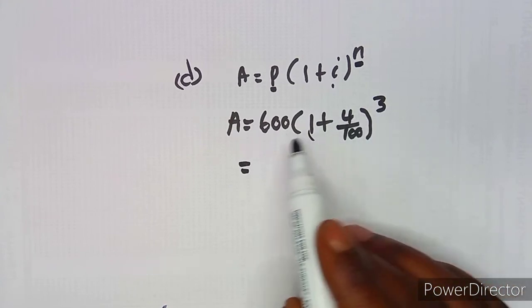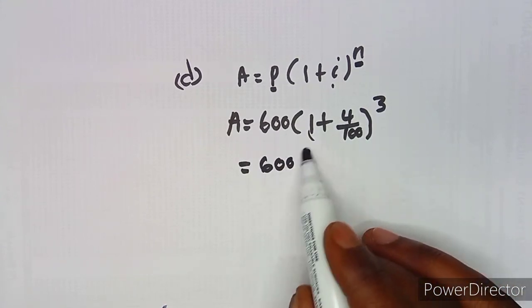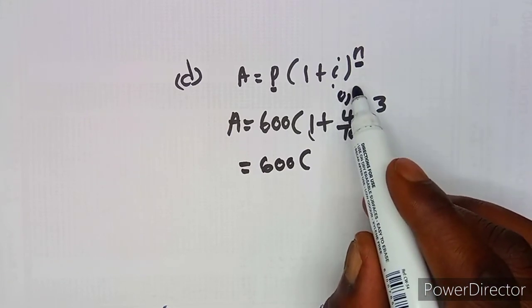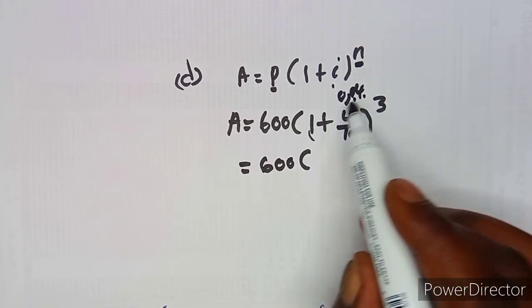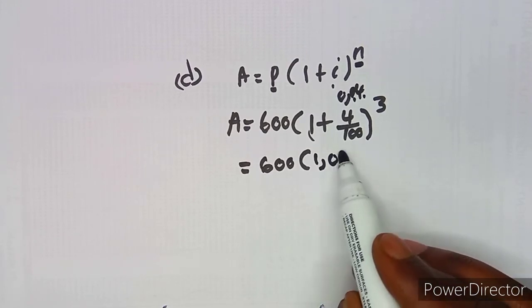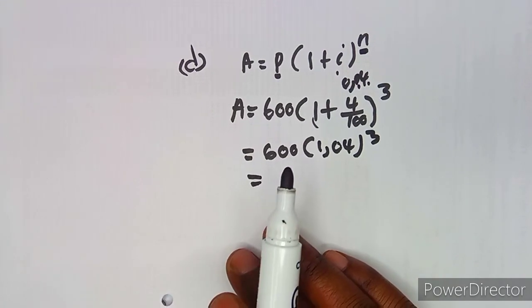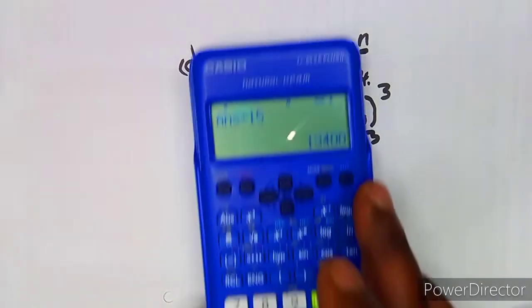So you can simplify this part, which is 600 times, 4 over 100 is the same as 0.04, plus 1, which is going to be 1.04, to the exponent of 3. You'll have a calculator in the exam, so you can just use it.